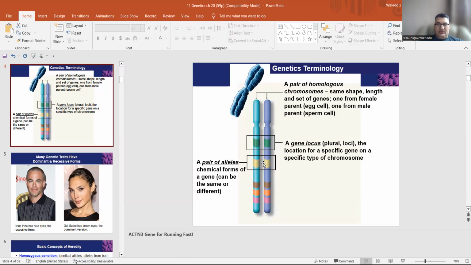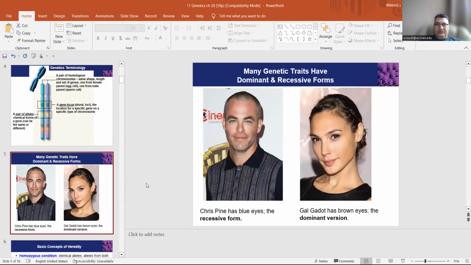Well, it depends. Some of these colors are dominant, meaning it can overshadow, it can take over, it can have the upper hand, and the other one has the lower hand. So here is an example. This person here has blue eye, and the blue eye is recessive.